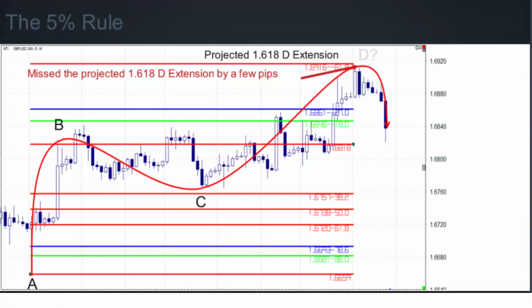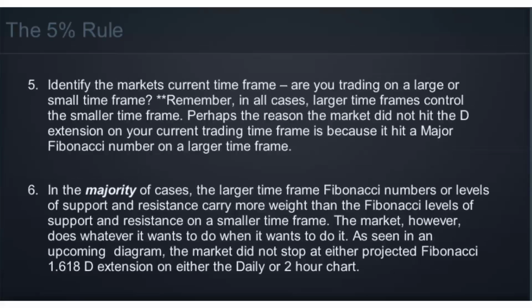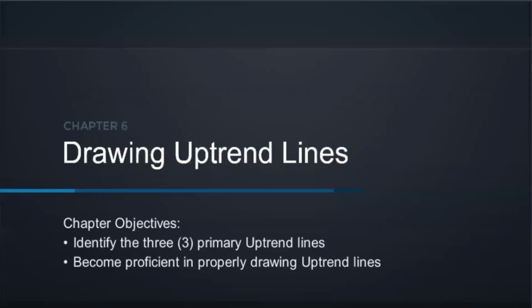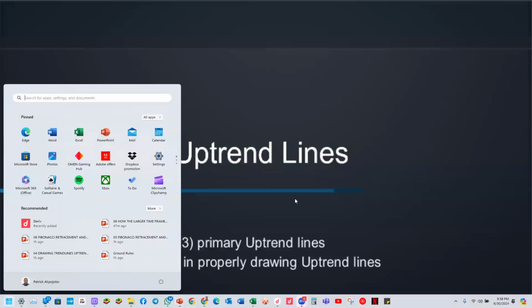So instead of setting your take profit right here, you can set it 5% below this level and bring it to somewhere here. And in a case like this will still put you in profit before the market goes the other way. Okay, so that's it.